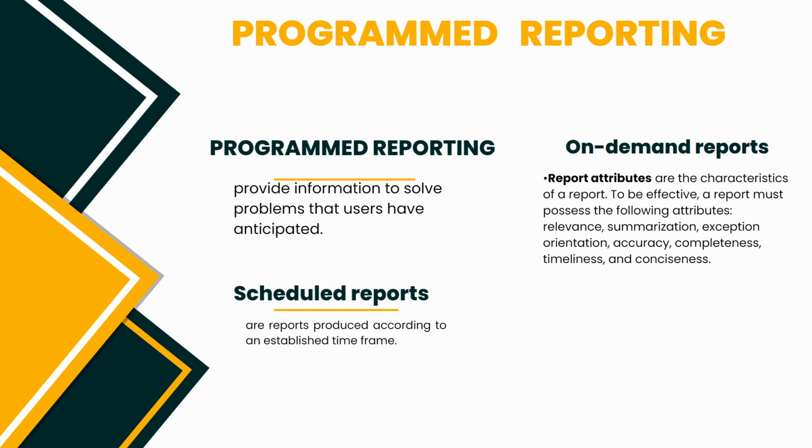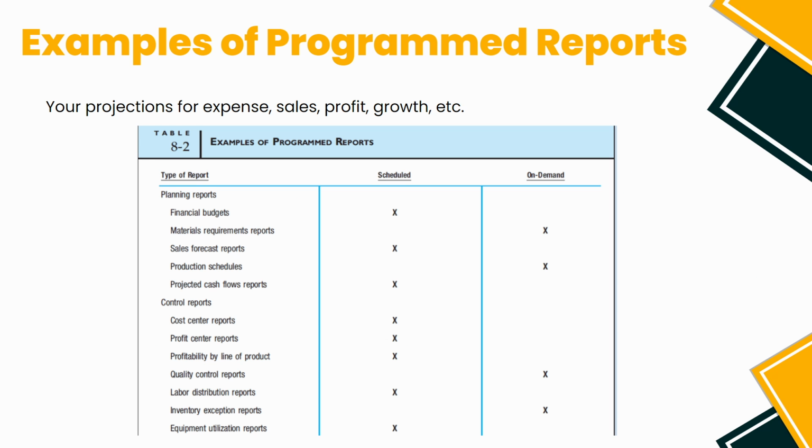On-demand reports. Report attributes are the characteristics of a report to be effective. A report must possess the following attributes: relevance, summarization, exception orientation, accuracy, completeness, timeliness, and conciseness. Examples of program reports: projections for expense, sales, profit, growth, and so on.